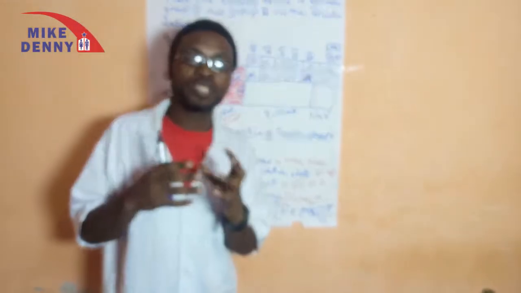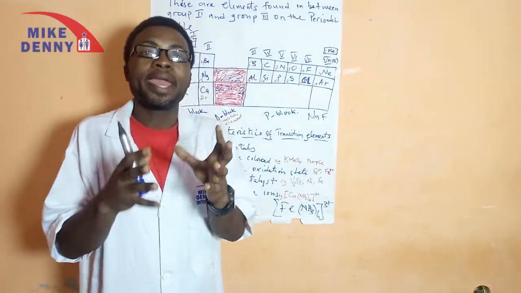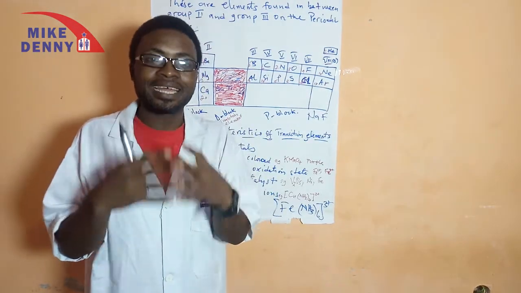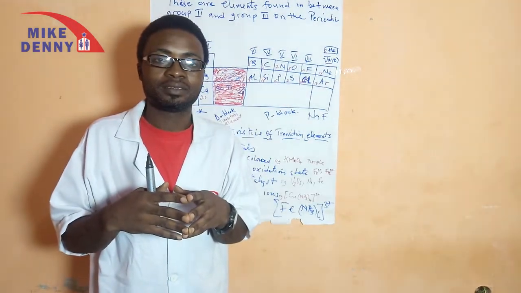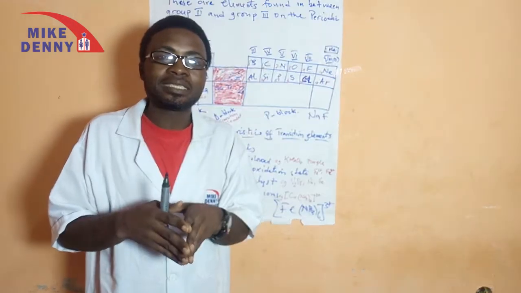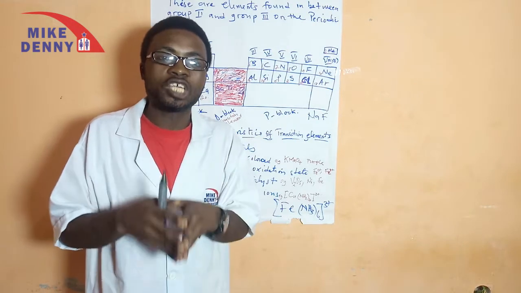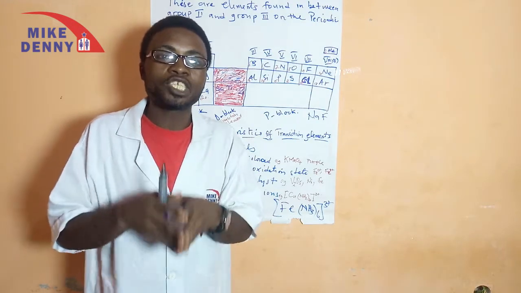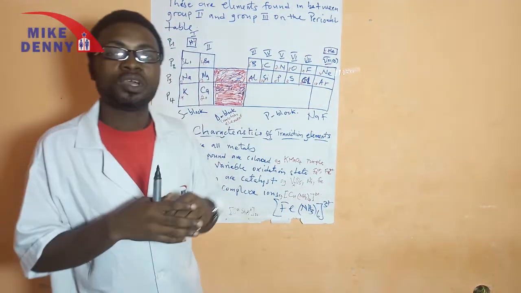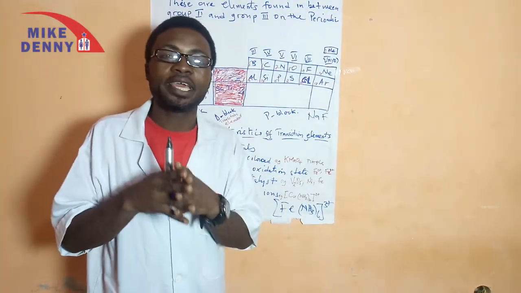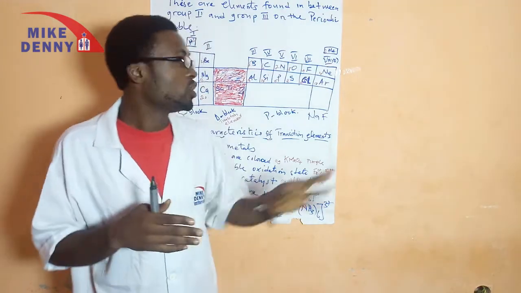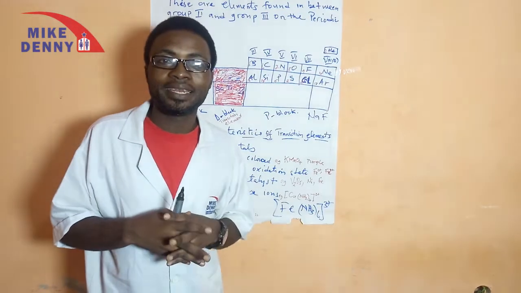Write an equation to show where any transition element is acting like a catalyst. 3. List all the elements of the transition element. Write all the 10 elements, that is the first series of the transition element. 4. Why do we call the group 7 element the halogens?